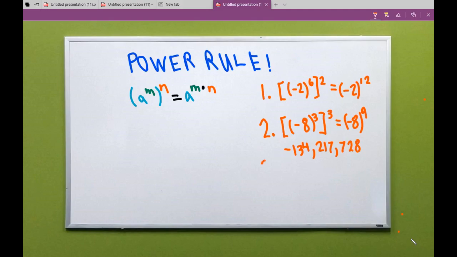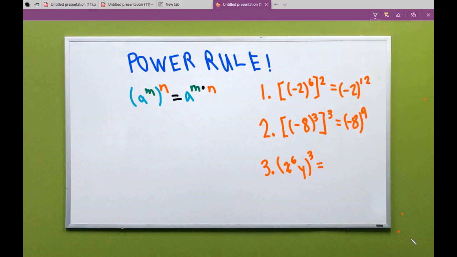For number 3, we have in parentheses x to the sixth power times y, and all of that quantity is raised to the third power. Okay, so we have to make sure that both terms are raised to the third power.